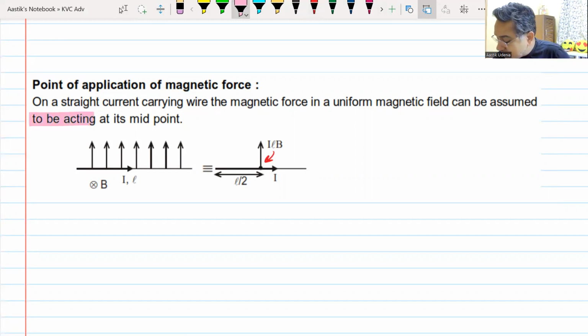The force on a straight wire placed in a uniform field, my dear friends, would be acting at its center or the midpoint. Once you have done that, then you can go ahead and solve the question. I'll give you 2 minutes to do it. You have noted down the question, yes or no? Yes, sir. I'll give you 2 minutes to solve it and give me the answer.